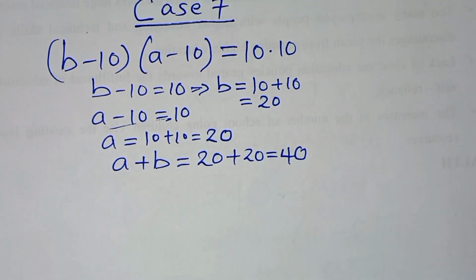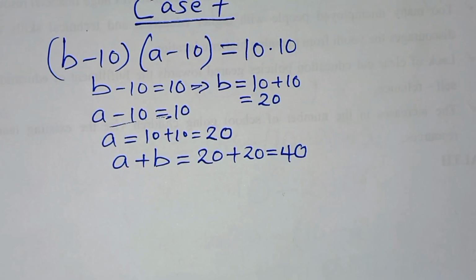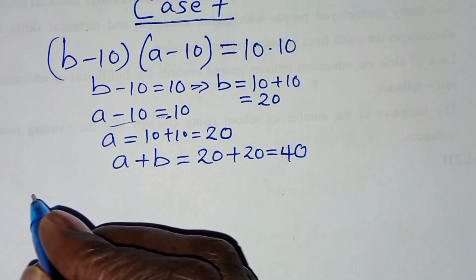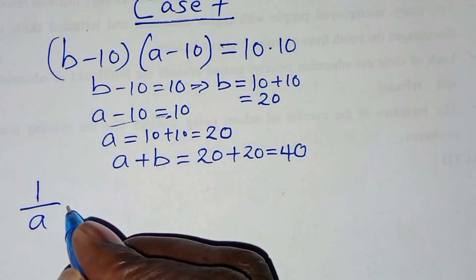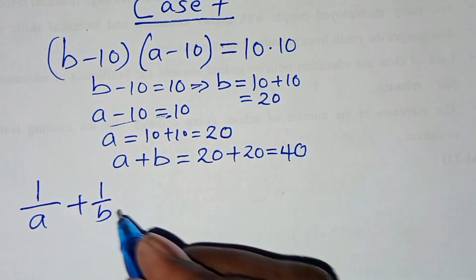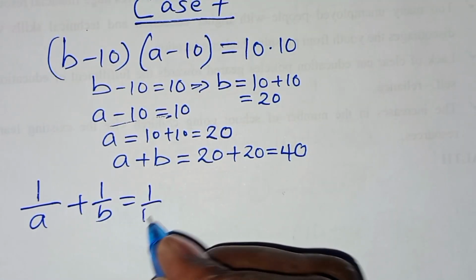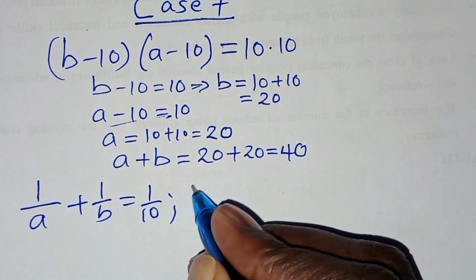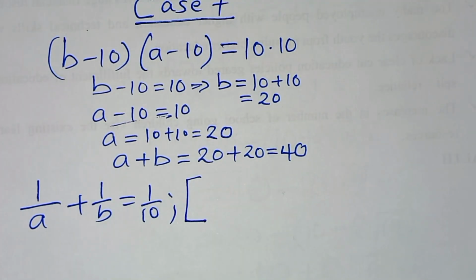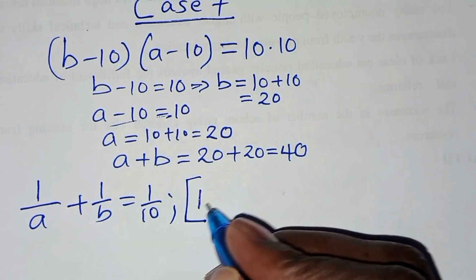So here we have 7 solutions for 1 over a plus 1 over b equal to 1 over 10. These are the solutions to this algebra problem.